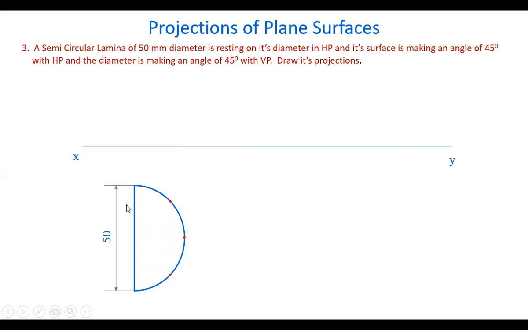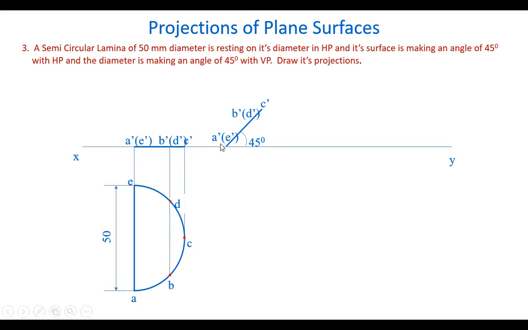Now show the dimensions. Mark these points here on this curve, and AE is the diameter. Now draw projectors from all the points and show the front view here. Mark all the points, and now take the line here at a 45 degrees angle to HP, such that AE is an edge. AE is the diameter line.